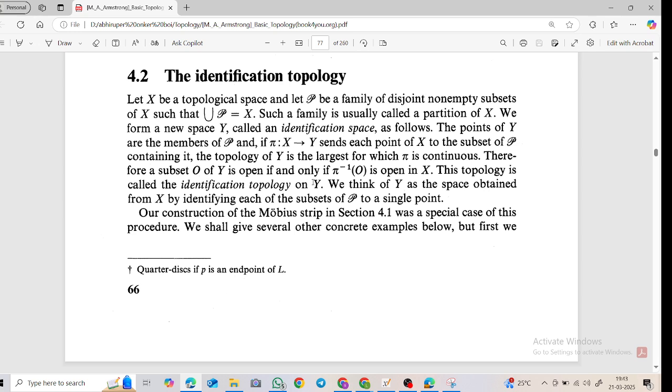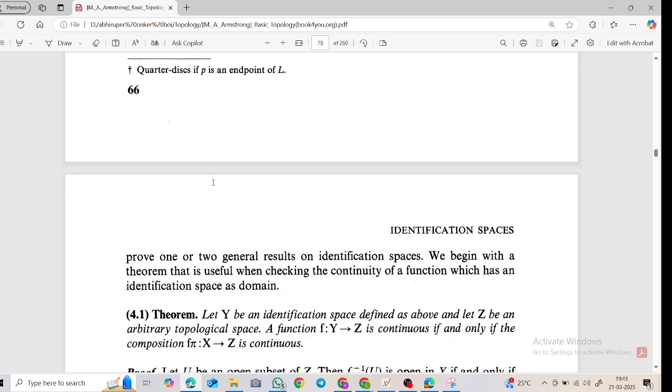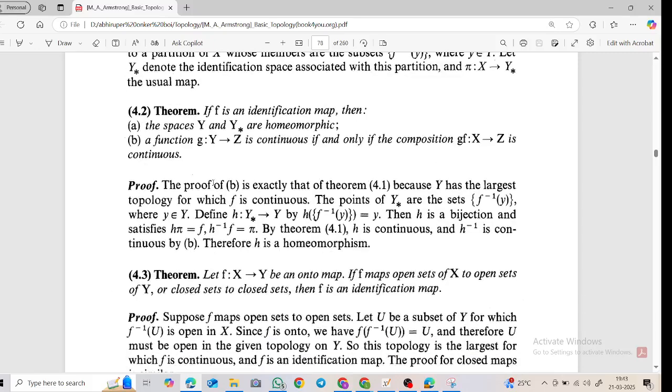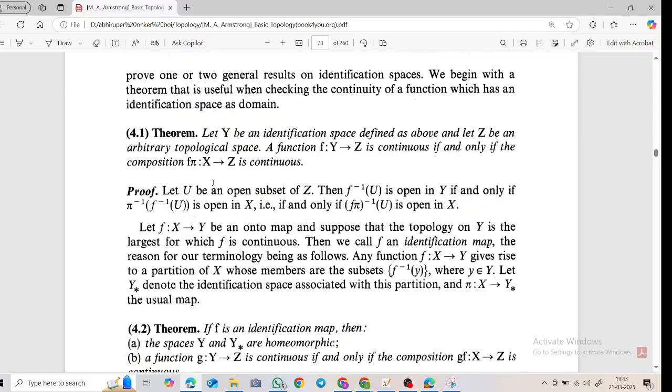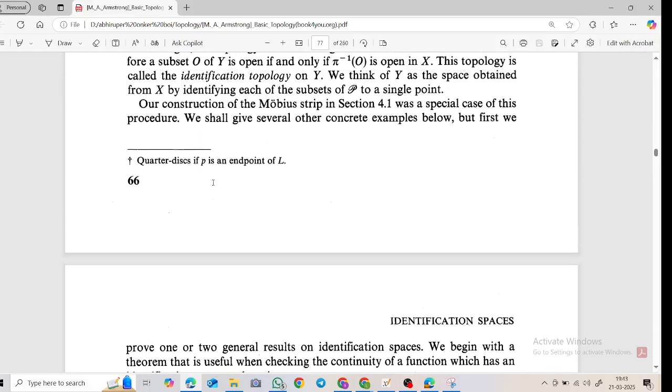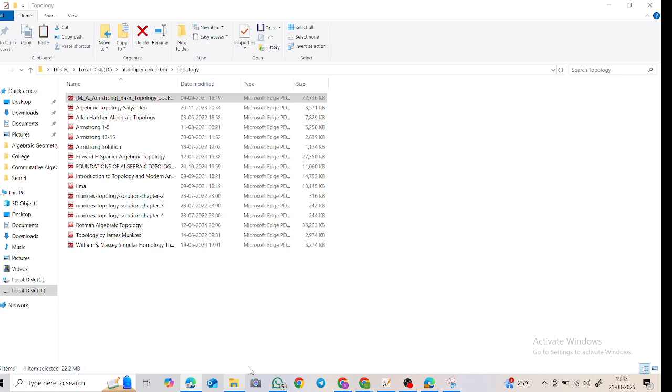Let me see whether they have this topology, called the identification topology, the space obtained from a single point, construction of the Mobius strip. Okay, this I will do, but what I'm looking for is something else.